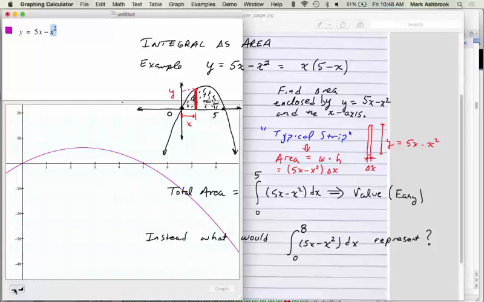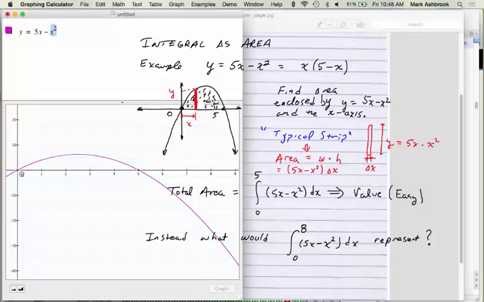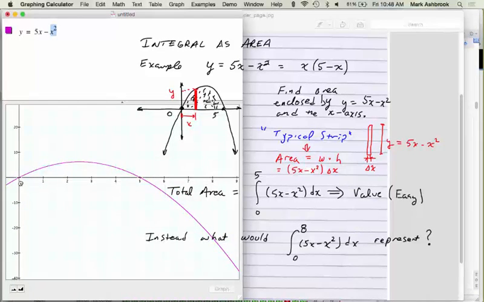One more time. There we go. So I've got a skewed version of this. So what's it going to mean from 0 to 8? So let's revert back to rate of change, right? If this was a rate of change function, what would it represent in terms of total change?